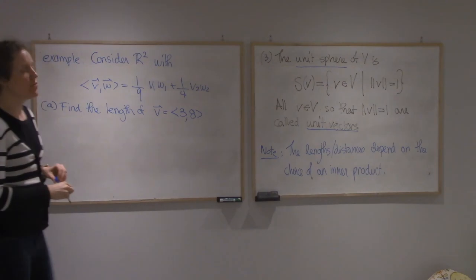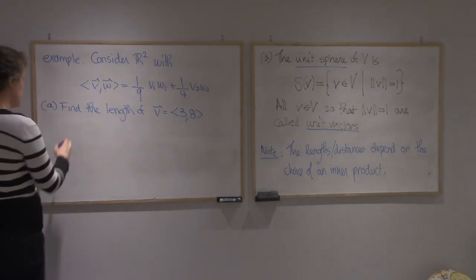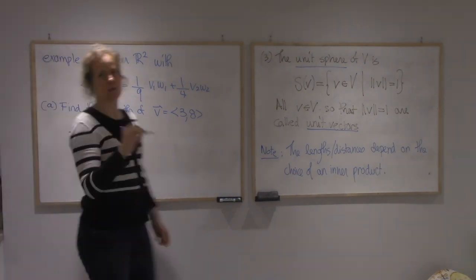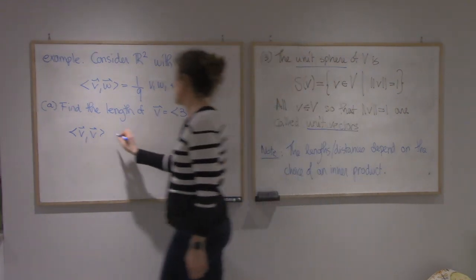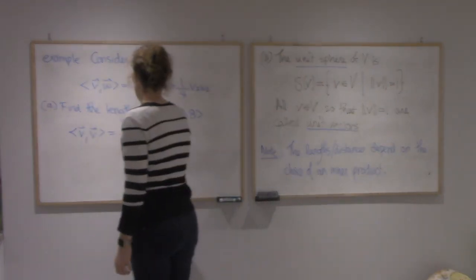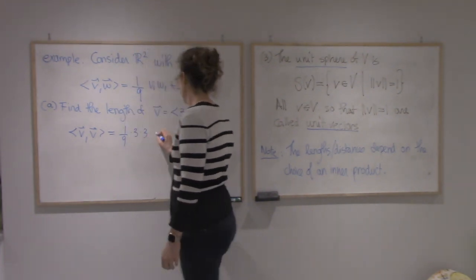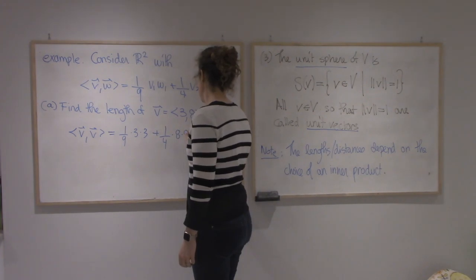Alright, let's say I want to find the length of the vector (3, 8). For that, I'm going to need to find the inner product of v with itself, and then afterwards I'll take the root. So here I'll have 1/9 times 3 times 3 plus 1/4 times 8 times 8.